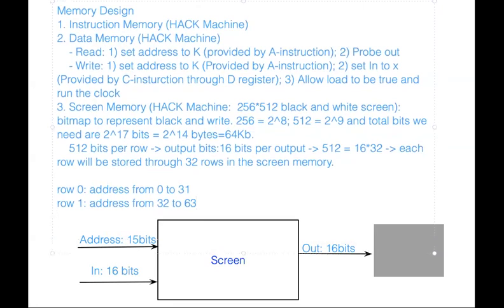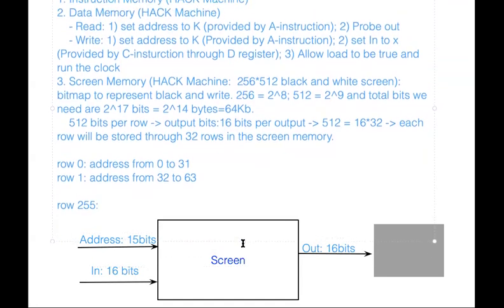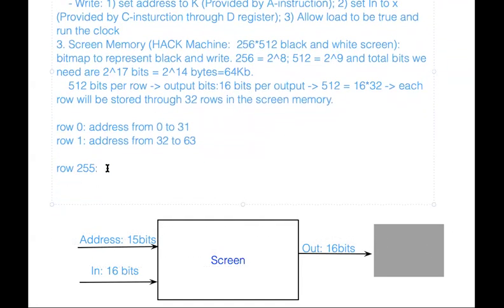We can continue this until row 255, because you start from row 0. Row 255 is at addresses from 8129 to 8160.